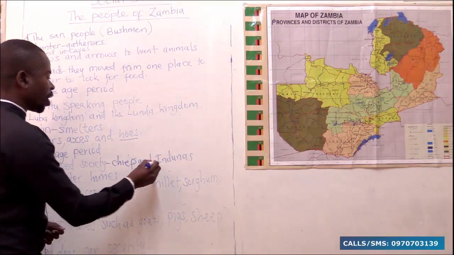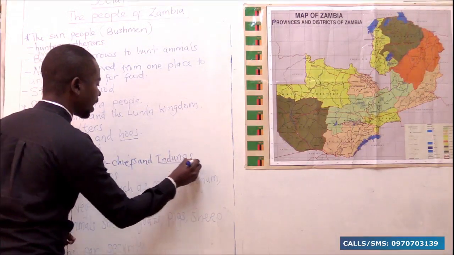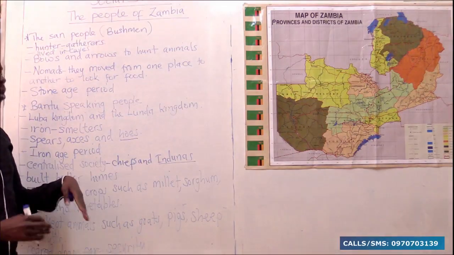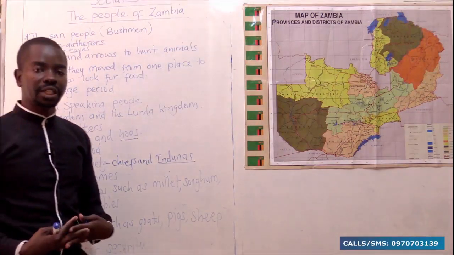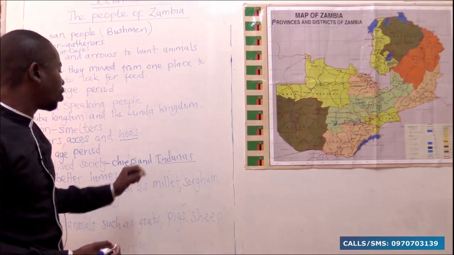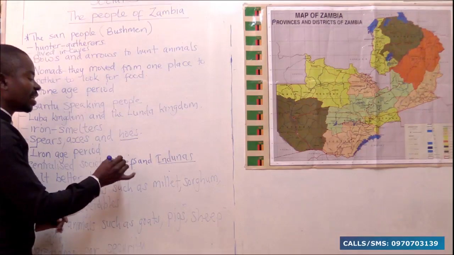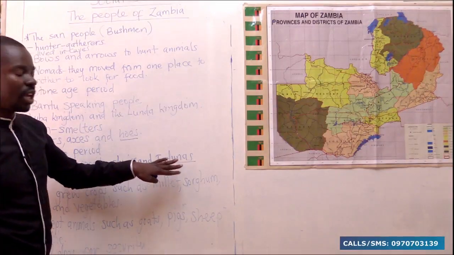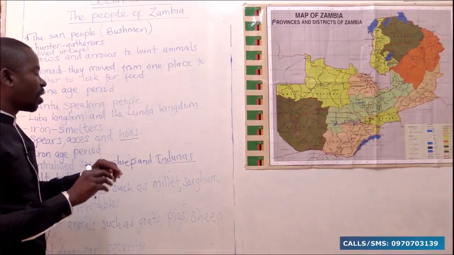Okay, so boys and girls, when we talk about indunas, these indunas were more like elders of the village, meaning that the chief had greater authority compared to the indunas.